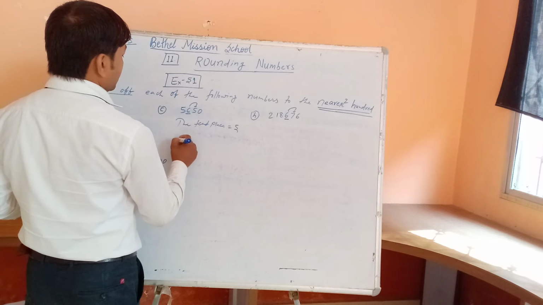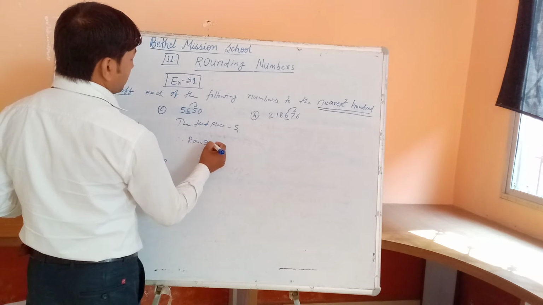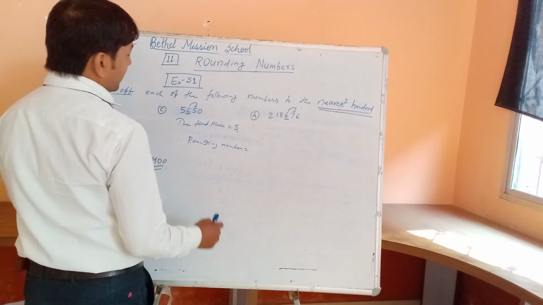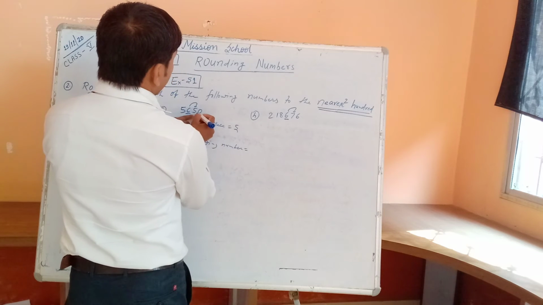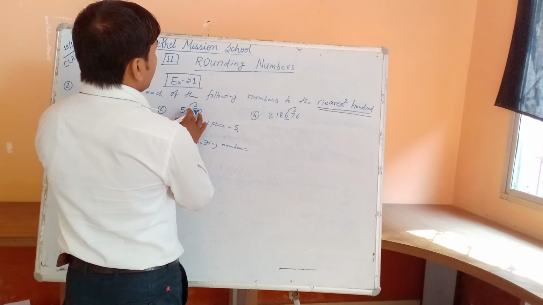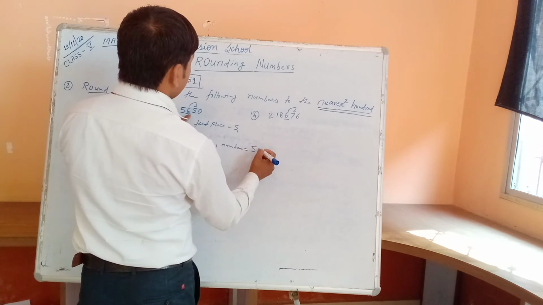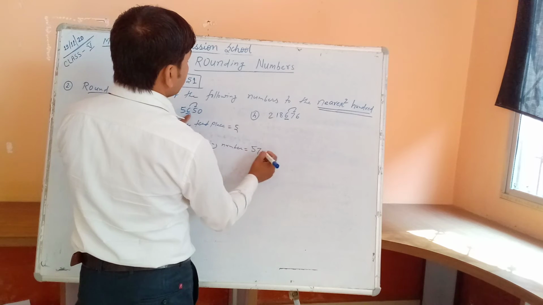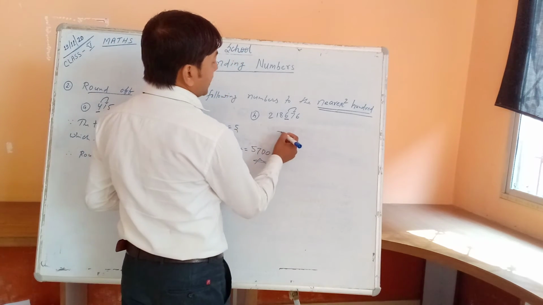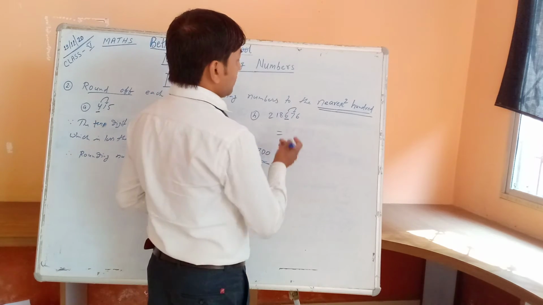Okay, that's why for the rounding number we have to add plus 1 in the 100 place, so this becomes 5 and this is 7, and the rest becomes 00. This is the answer.